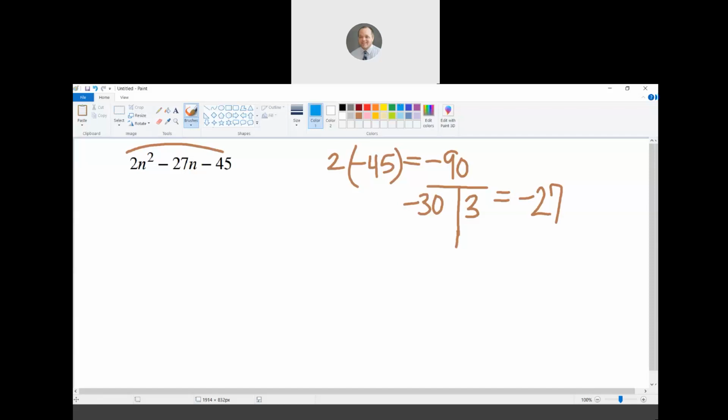The next step, take these factors and use them to rewrite the middle term. So we have negative 30n plus 3n, and we'll just bring down the other terms.